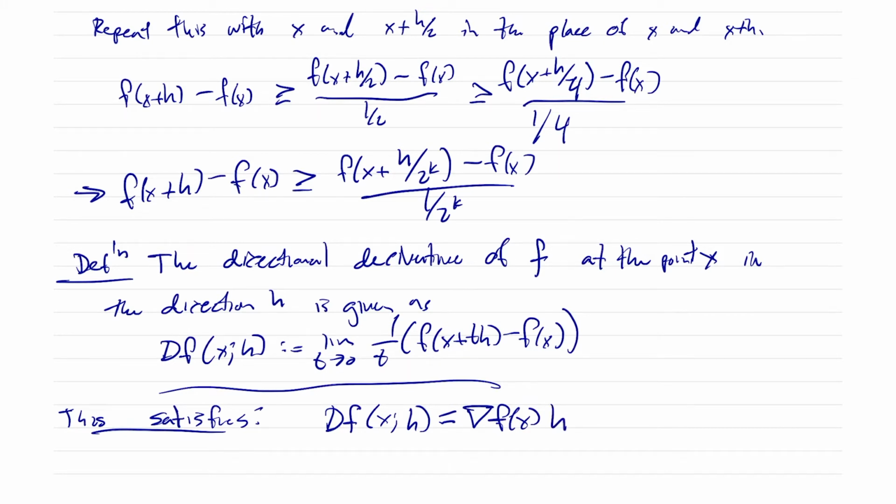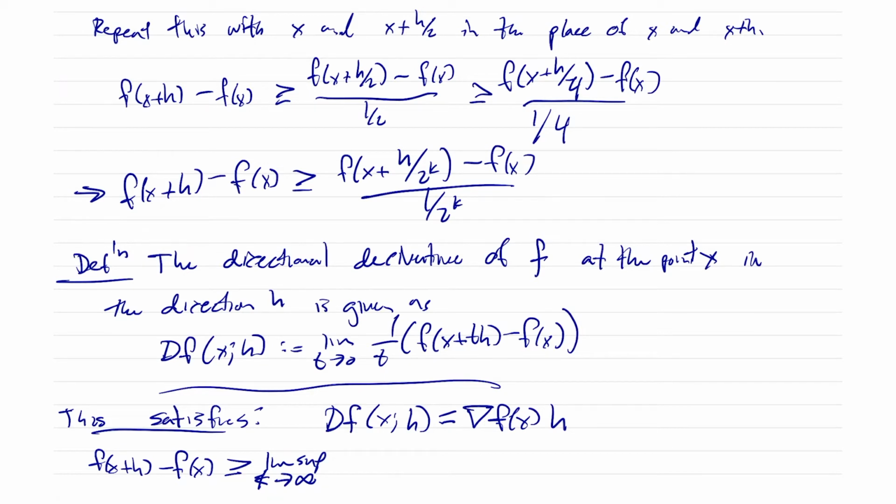Okay, so then what does that mean? Well, if we put a limsup in here, what do we get? We get f of x plus h minus f of x is bigger than or equal to the limsup as k goes to infinity, which basically means that this quantity is bigger than every subsequence coming out of this.